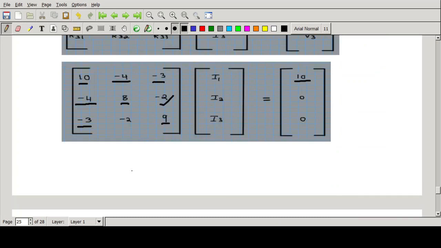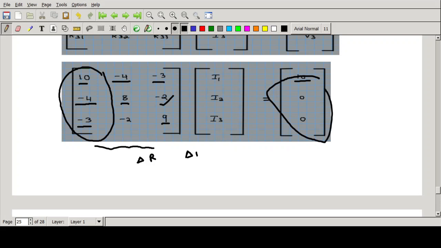So we are going to find the determinant delta R, that means the determinant of this particular matrix. Then we can find delta 1, for which we will replace this particular column by 10, 0, 0. Then delta 1 by delta R will give the value of current I1.